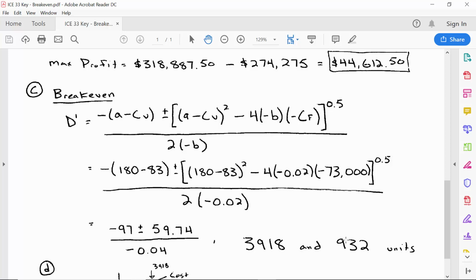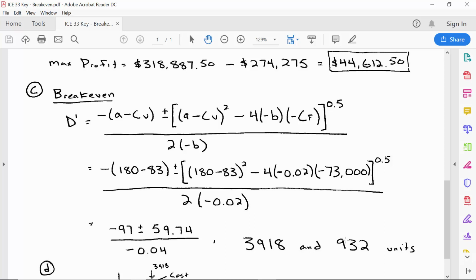So I solved this in a couple of different steps just so that it's easier for me to check my work rather than just putting it in my calculator and hoping I didn't miss something. I do this part before the plus and minus, so that's minus 97, and then plus or minus, and so everything that's inside of those brackets works out to 59.4, and then dividing by negative 0.04.